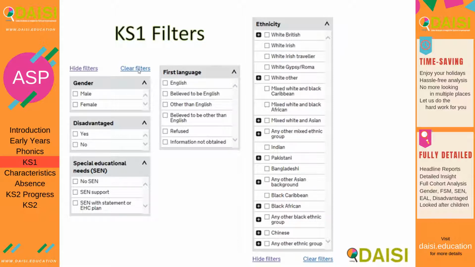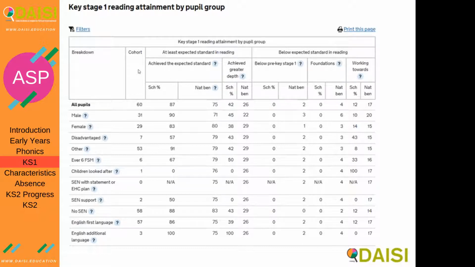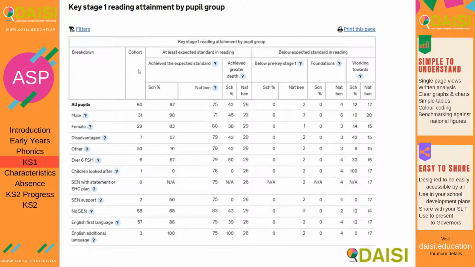Now you may notice that there are 3 categories missing that you might expect, and those are emerging, expected and exceeding. In other words, what those pupils did at early years compared to their national benchmark. This is a measurement that Ofsted seem to have gone away from. They no longer compare your school with emerging, expected, exceeding.